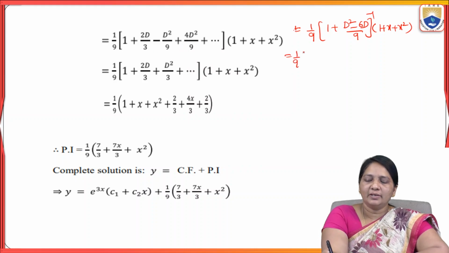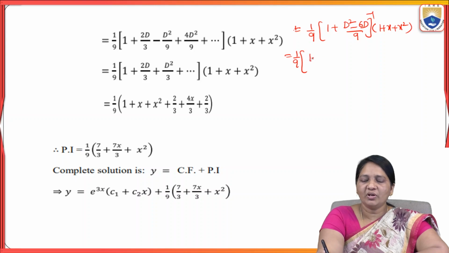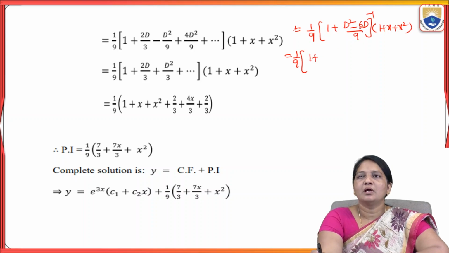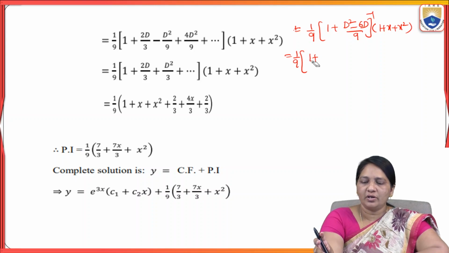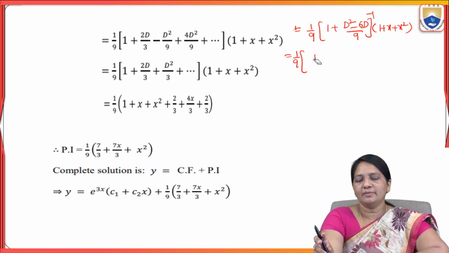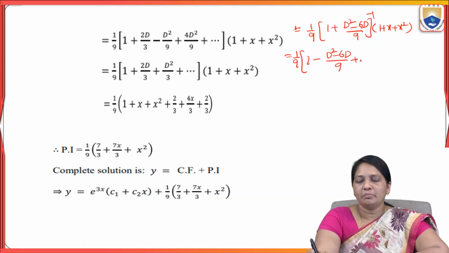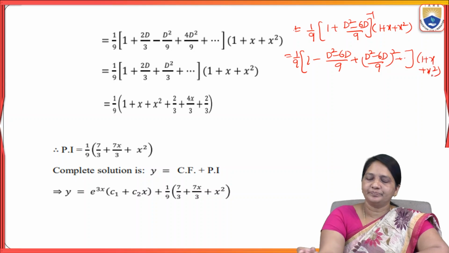So 1 by 9 into 1 plus, alternately plus and minus we are going to get here: 1 minus D square minus 6D by 9, then plus D square minus 6D by 9 whole square, and so on. Here I am having the value up to x square only, so the first two terms are enough.